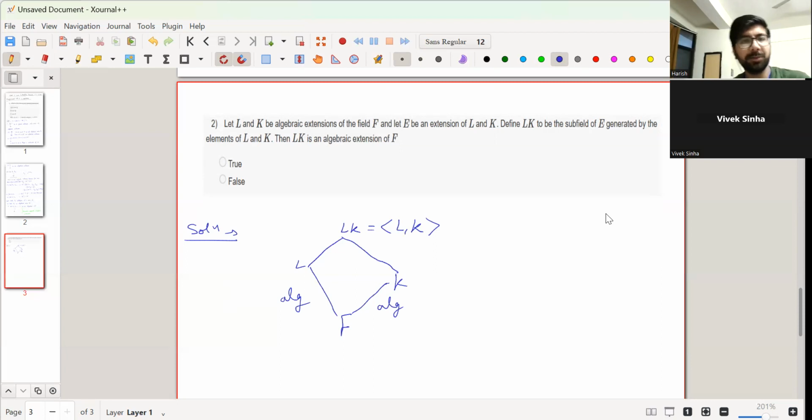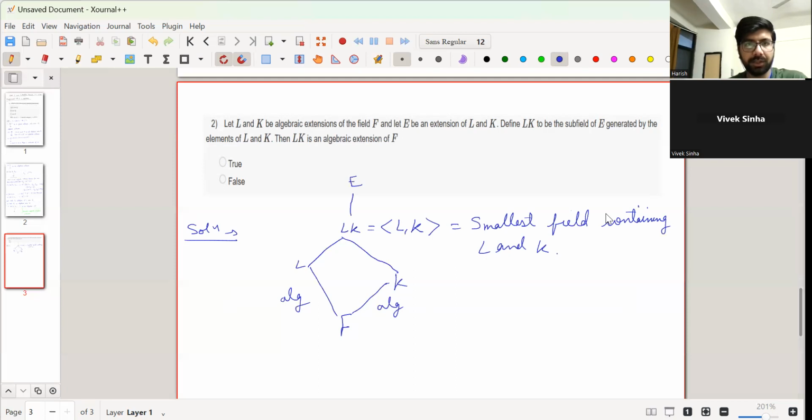No, but the intersection won't contain all the elements of L and K. So it's the field generated by L and K, that is, the smallest field containing L and K. The smallest one that contains L and K, and then LK is a subfield of E.